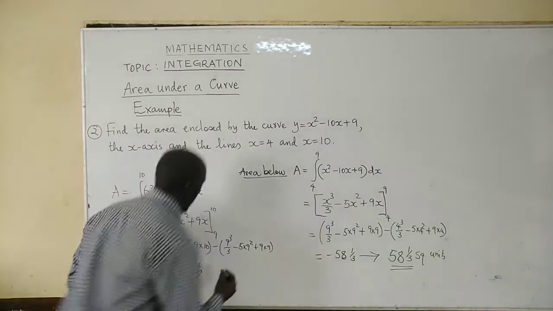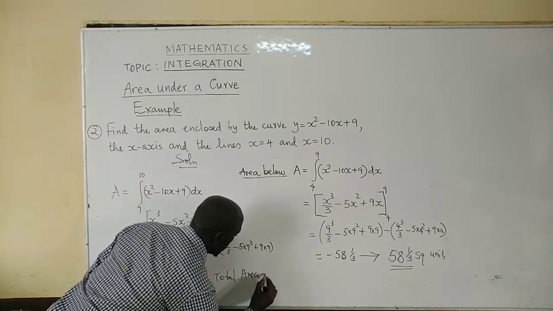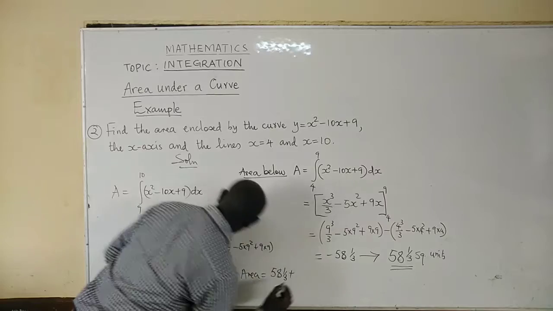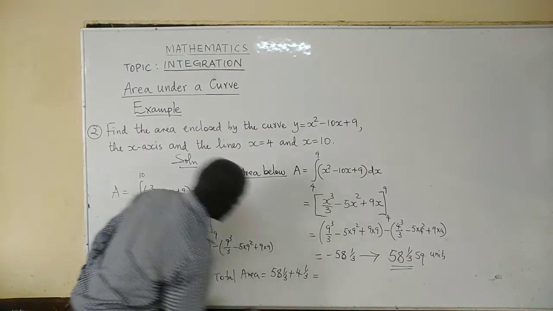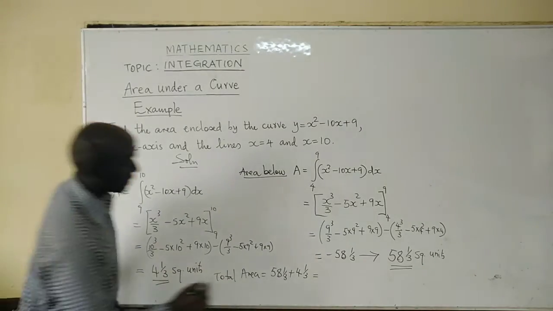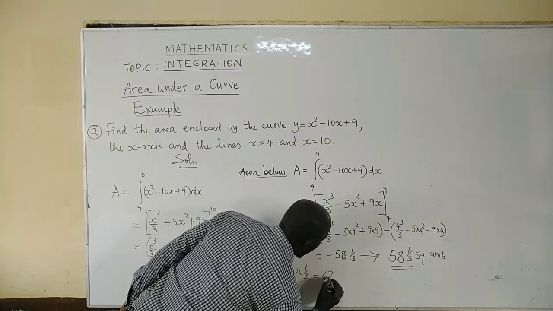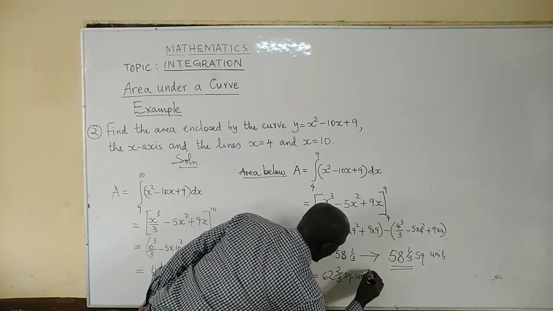So total area required is 58 and a third plus 4 and a third, which gives you 62 and 2 over 3. So the total area is 62 and 2 over 3 square units. So that is the final answer.